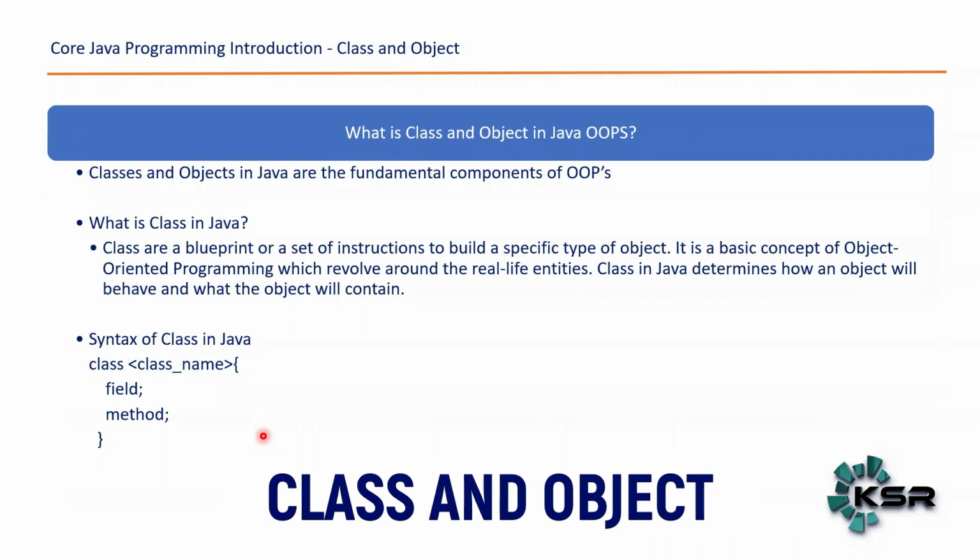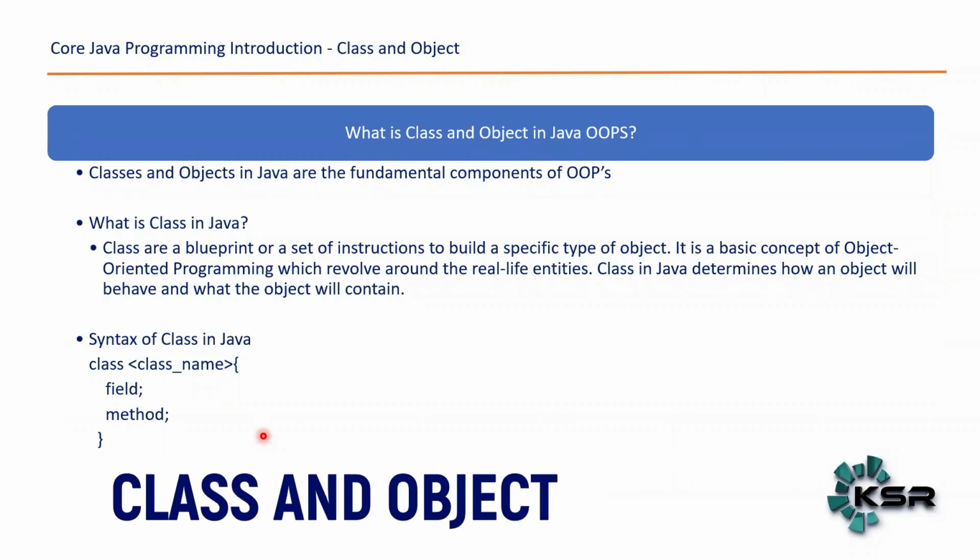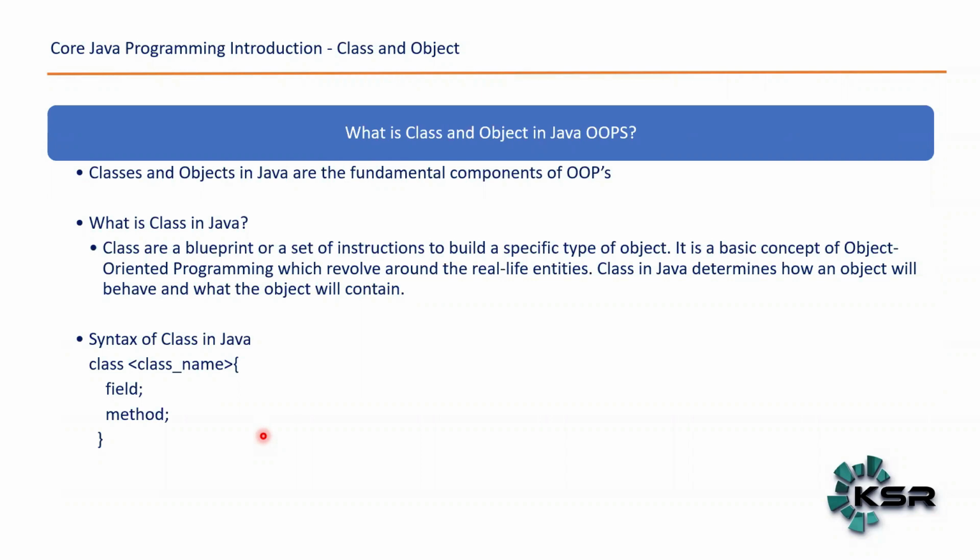So now we are getting into the deep dive: what is a class and object? A class is a blueprint. By blueprint, I was talking about the flat. It has a set of instructions, a field and method. I have a living room, and in that living room I have a TV.